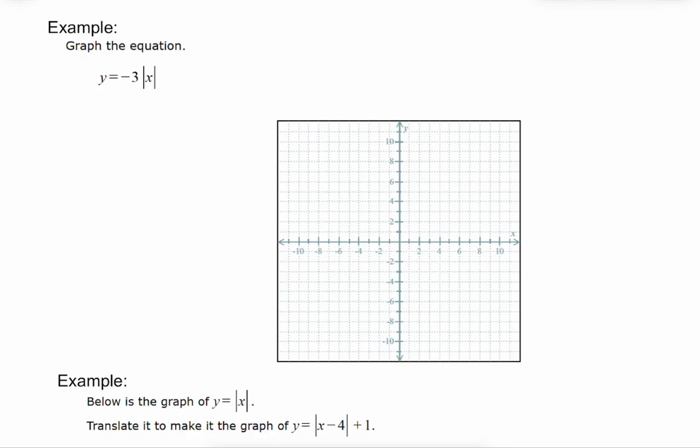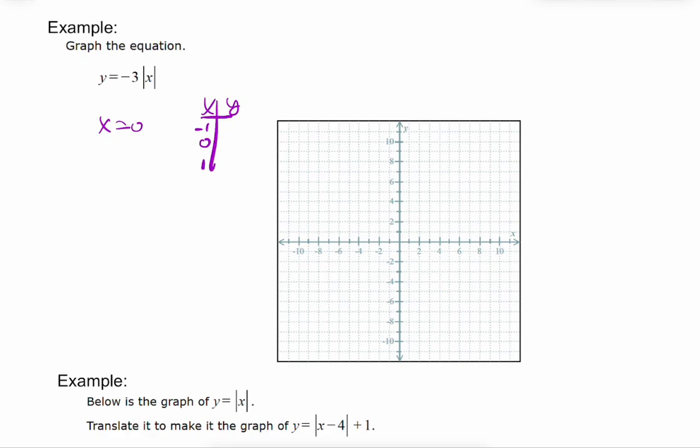But you don't have to know that. If you set the inside equal to 0, you get 0. So that one didn't move left or right. It still has a center at 0. So I would plug in 0, -1, and +1. So then I could find where it's going and how steep it's going that way, okay?